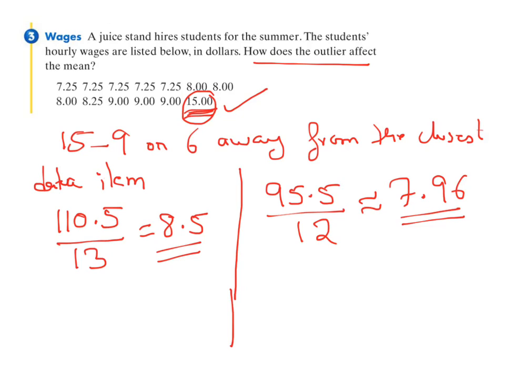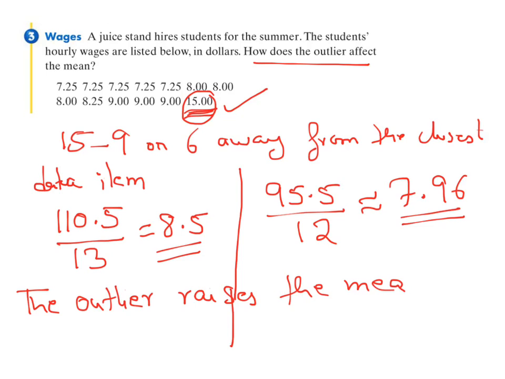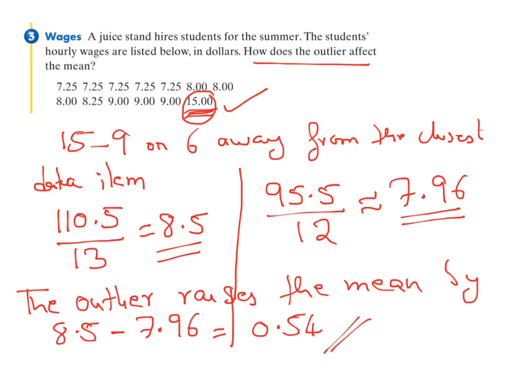So the outlier raises the mean by how much? 8.5, the mean with the outlier, minus 7.96, the mean without the outlier, is equal to 0.54. So the outlier raises the mean by 0.54.